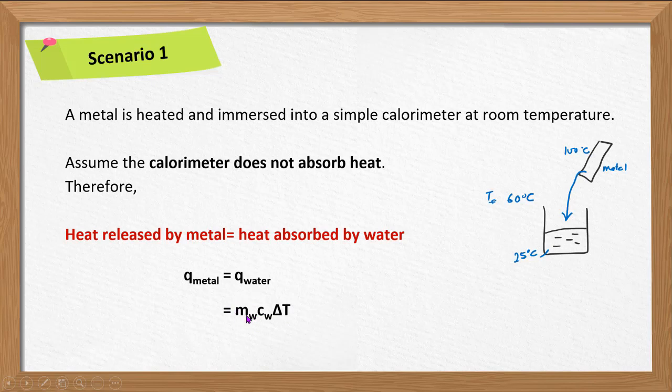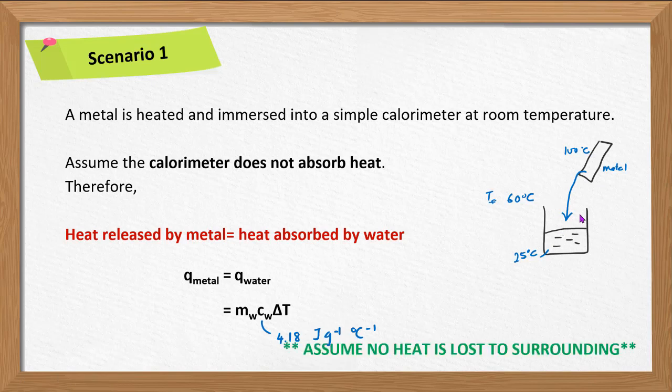So mass of the water, specific heat capacity of water, which is fixed, 4.18 joule per gram per degree Celsius, and then you have this delta T. Now, if the delta T given is in Kelvin, then this specific heat capacity will be per Kelvin. So this is the first scenario. There is no reaction in this scenario. We are just transferring the heat only. Assume no heat is lost to the surroundings.